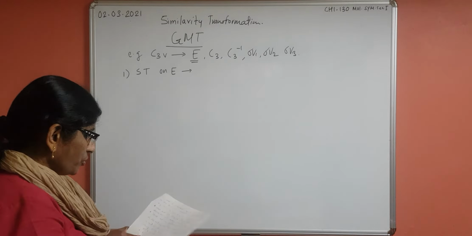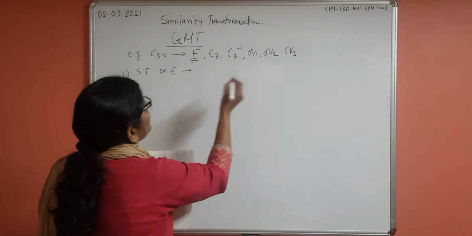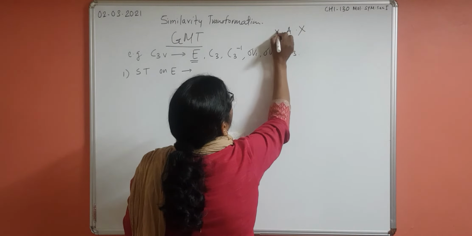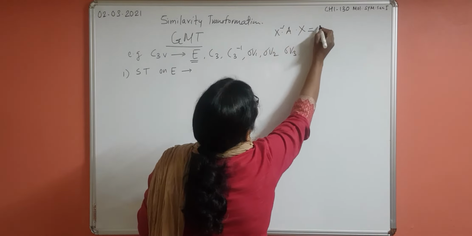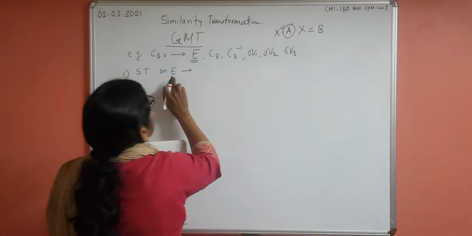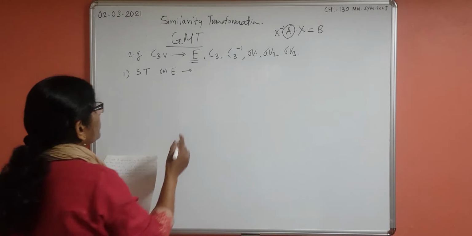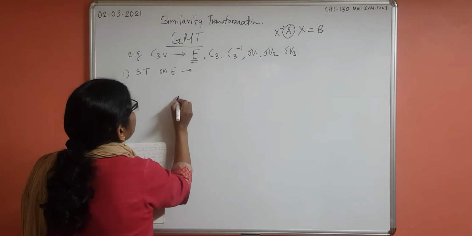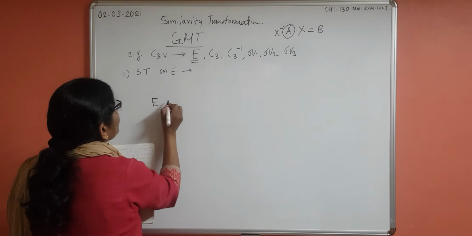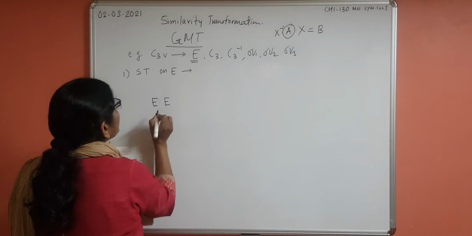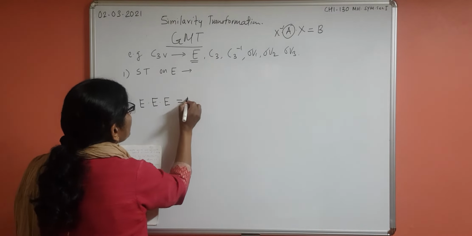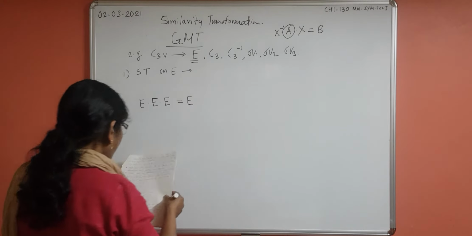Similarity transformation on identity means in our equation, x, A, x inverse is equal to B. So this A is nothing but E. So the first element is E; inverse of identity is identity only. So the answer I will get is identity only. How I will get that, I will tell you.